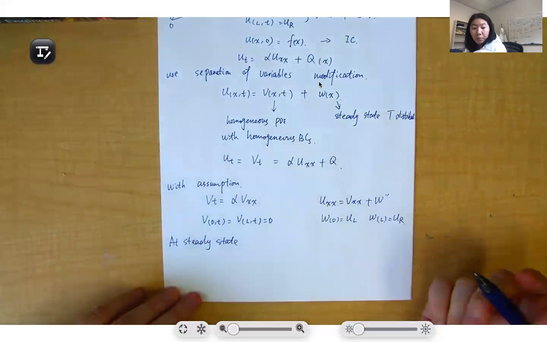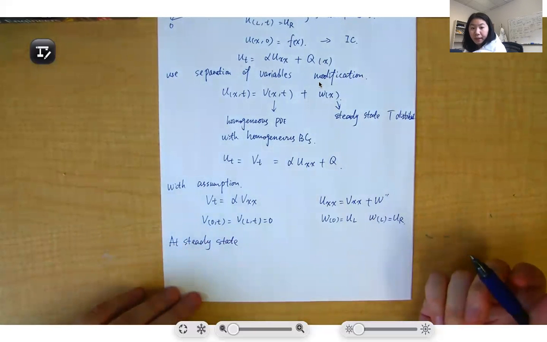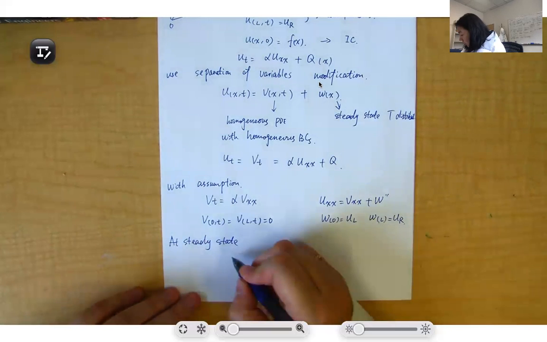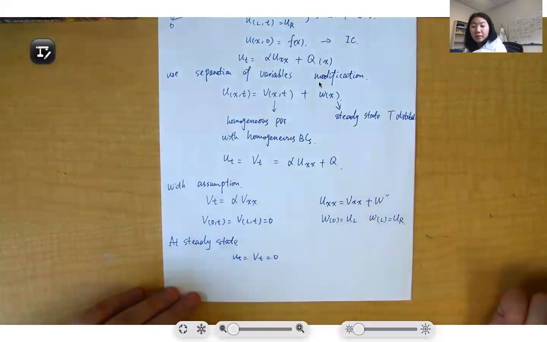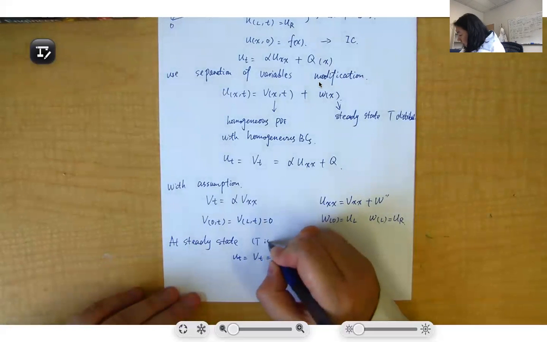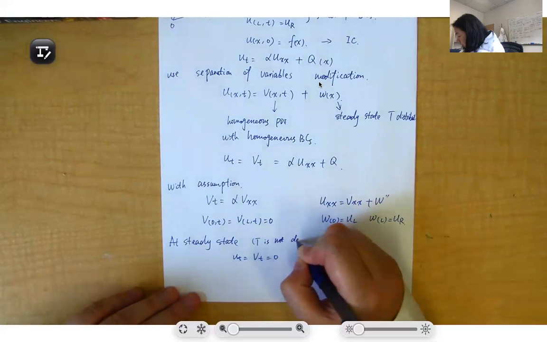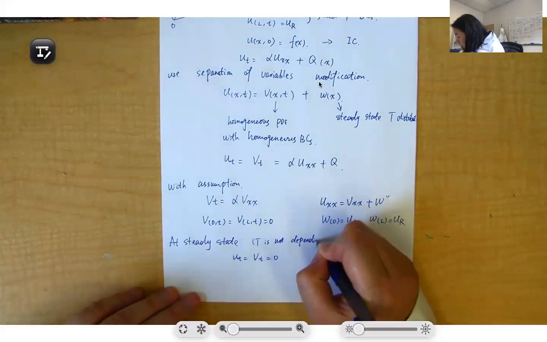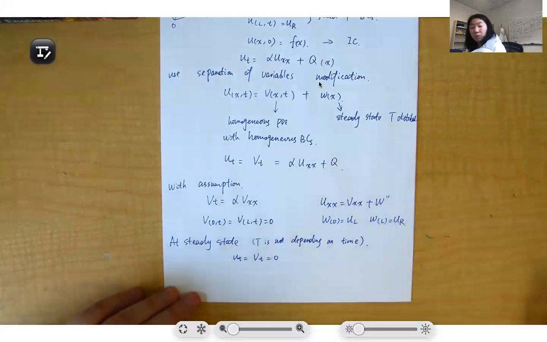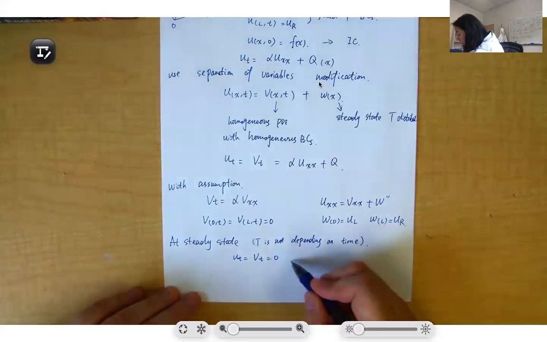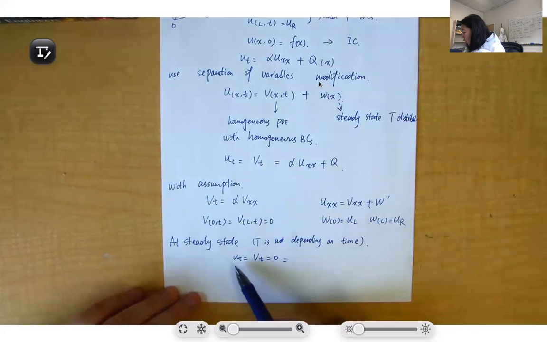Then at the steady state, we know that the temperature is not a function of time anymore. So u_t equals v_t equals 0 at steady state. Temperature is not depending on time. And what is u_t?